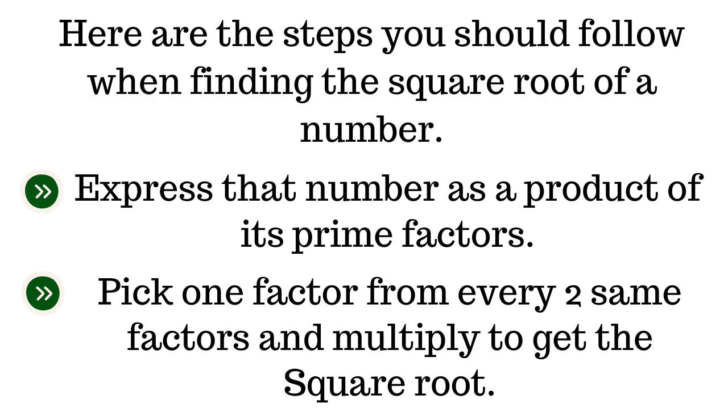The second step is pick one factor from every 2 same factors and multiply to get the square root. So you will look out for 2 factors that are the same and pick one from there, right? You will keep picking until you get to the end, and then you will multiply to get the answer.